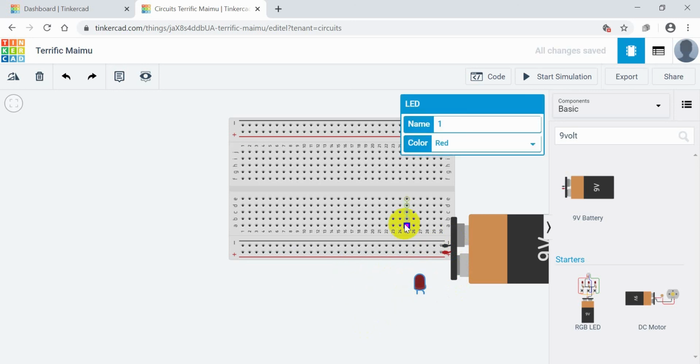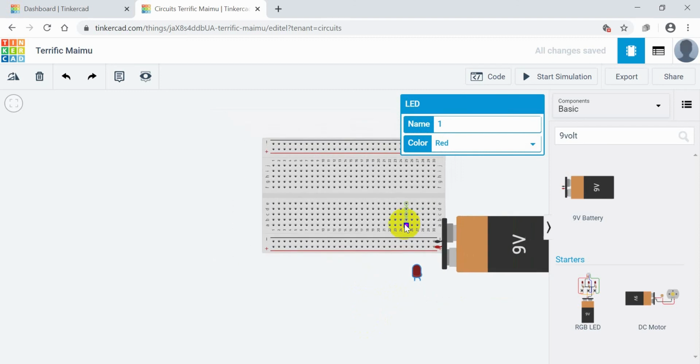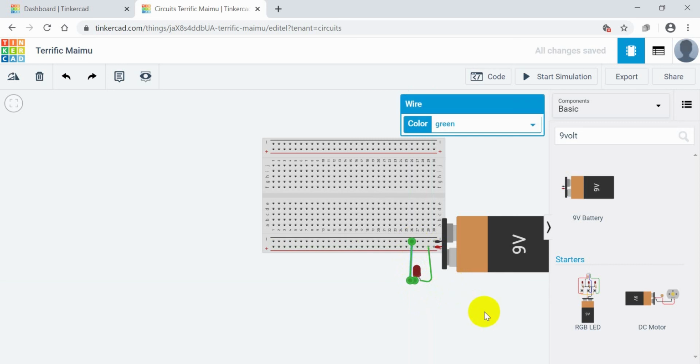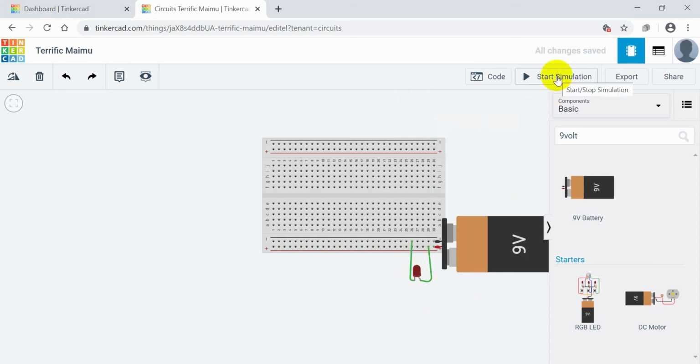So now I am making the connections. Anode to positive terminal, cathode to negative terminal, and immediately go for simulation and observe.